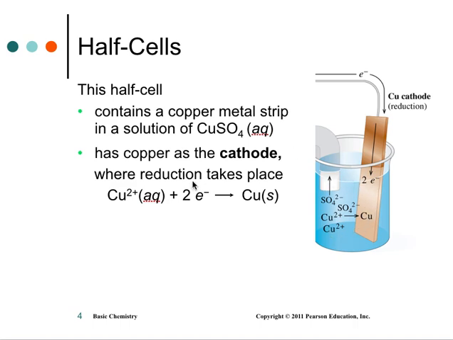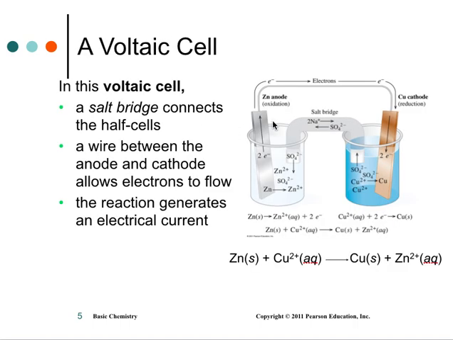Okay, so you had zinc sulfate on the other, copper sulfate on the other, and copper is lower on the activity series, so it can steal the electrons from the zinc. Okay, putting it together, you have two half cells.